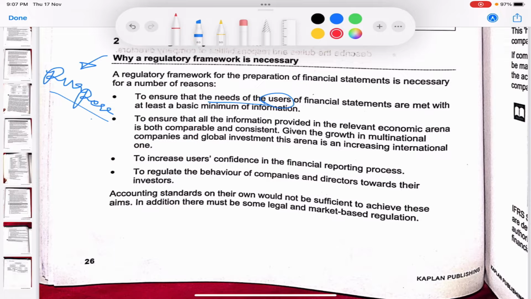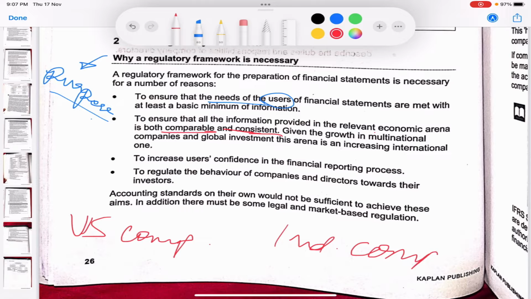Second, to ensure that all the information provided in the relevant economic arena is both comparable and consistent. Comparable: if there is a US company and an Indian company and I want to compare both of their financial statements, they should both be in the same format.